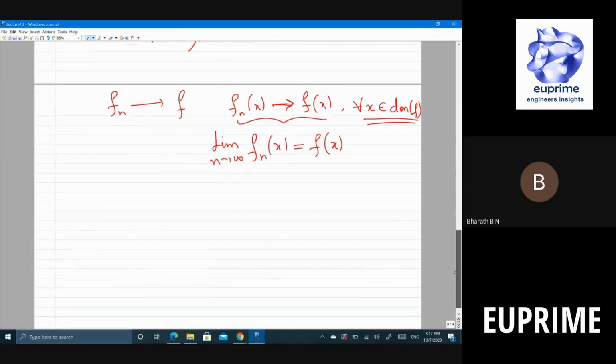So here also I can say fn converges to f mu almost everywhere. What does that mean?